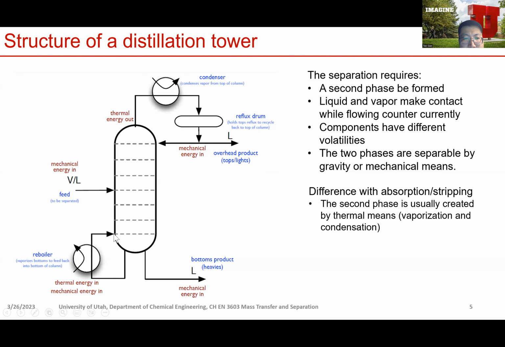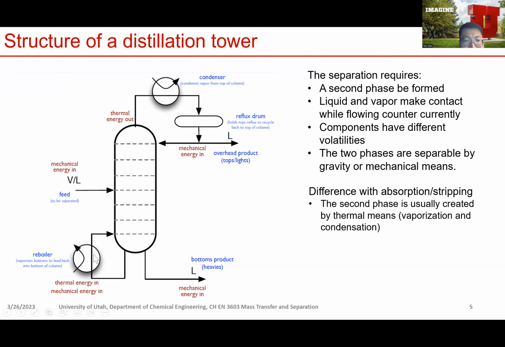And then at the bottom, the liquid comes down and it's gonna enter a reboiler, okay? In which we're gonna feed some energy to heat it up and produce vapor, right? And the vapor will go back.